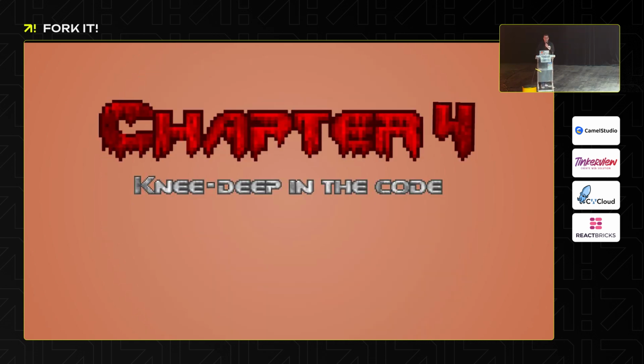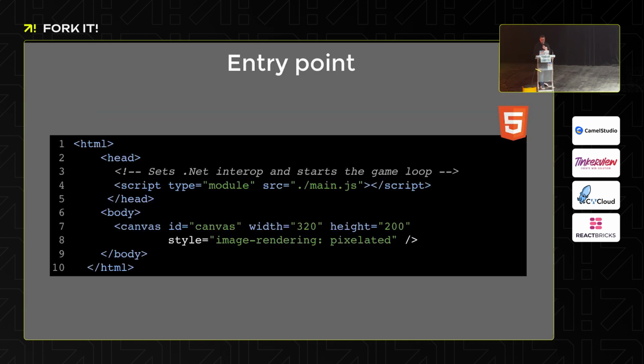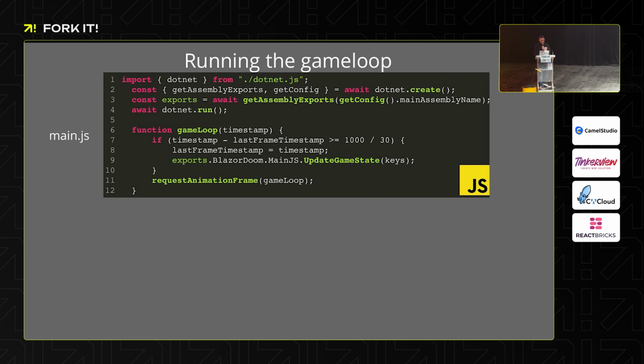So let's take a look at some code. That's why the screen becomes darker, because there will be some code. As you can see here, the entry point is what I showed earlier. You have a canvas and the JavaScript file which loads the WebAssembly code. And the game loop is run in the main.js file.